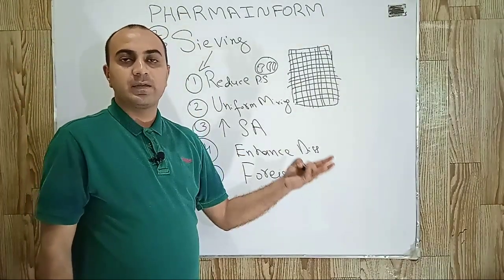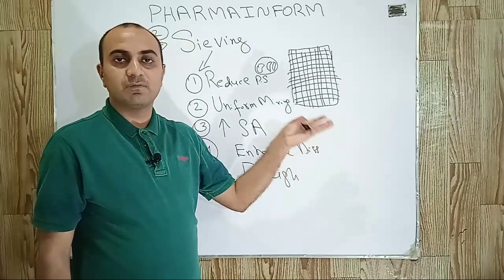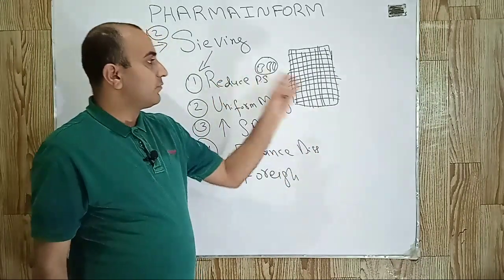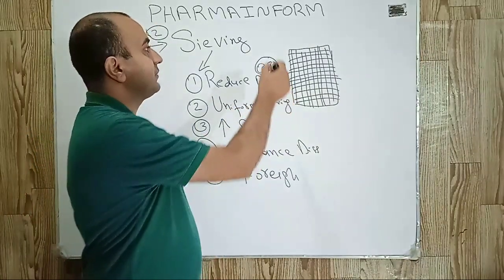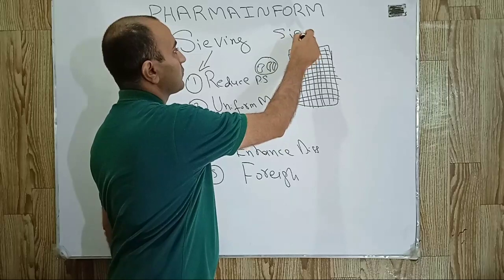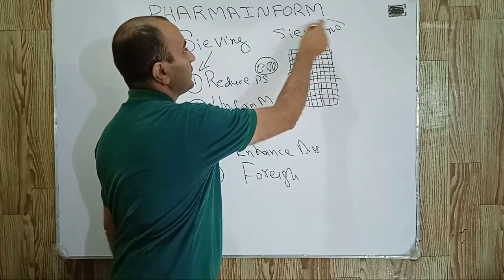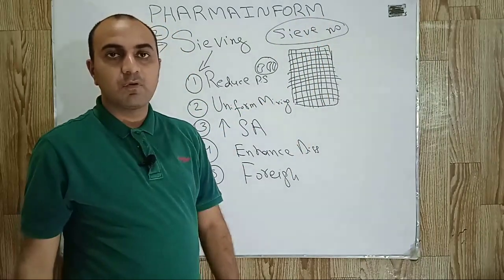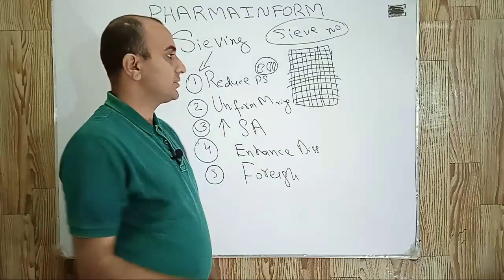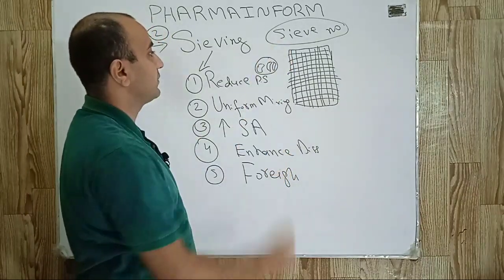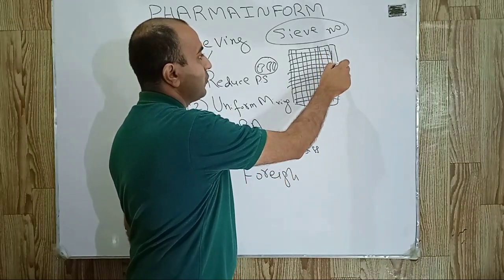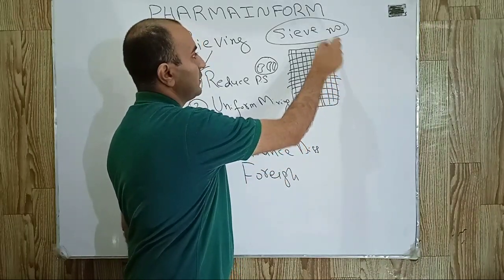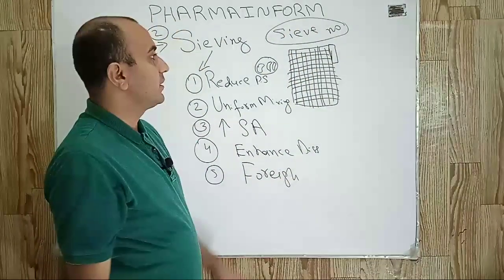One more thing: what sieving is we have already discussed. For sieving we use different numbers of sieves, or sieve numbers. So what is a sieve number? The number of holes per linear inch is known as the sieve number. If we count the number of holes in 1 inch, it will be the sieve number.